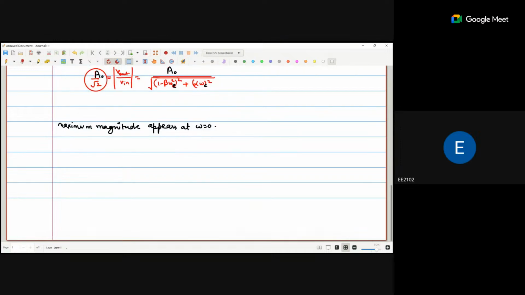For example, we are getting V naught upon Vi equal to a naught s upon 1 plus, like I just put, 2s upon 1 plus 3s plus 4s square. Simple, I just take this. This is V naught upon Vi after putting the values of R, C, and everything. Now put s equal to j omega.